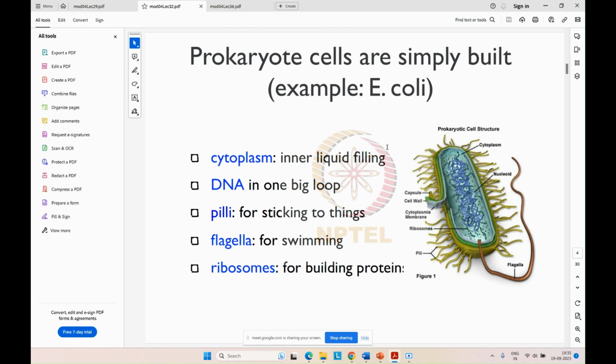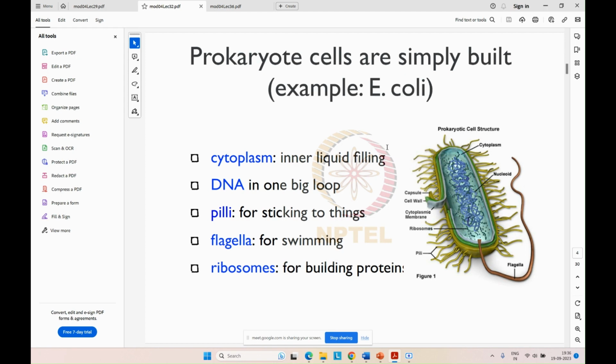You have the cytoplasm, you have the DNA. There are other structures that are present on the bacteria. Some of the bacteria have a cell wall, which is a peptidoglycan cell wall.